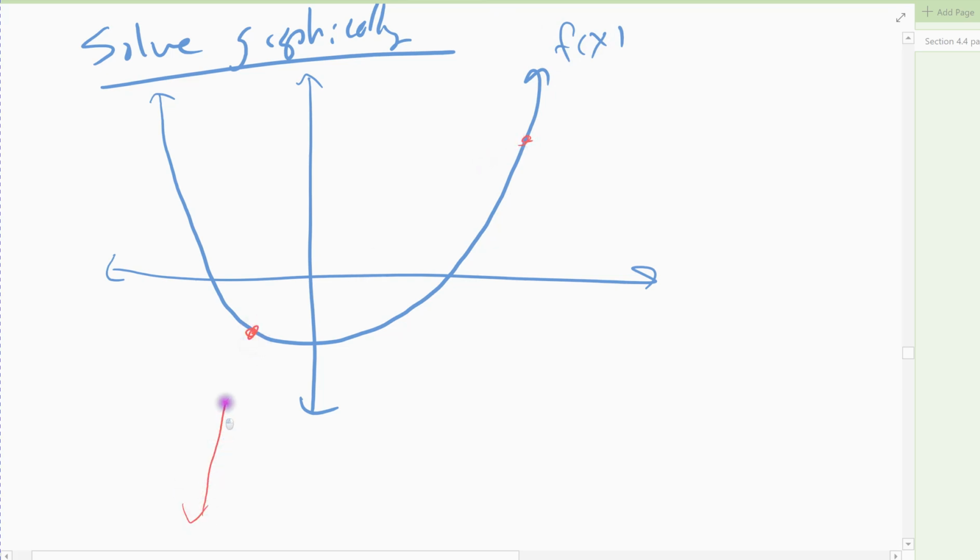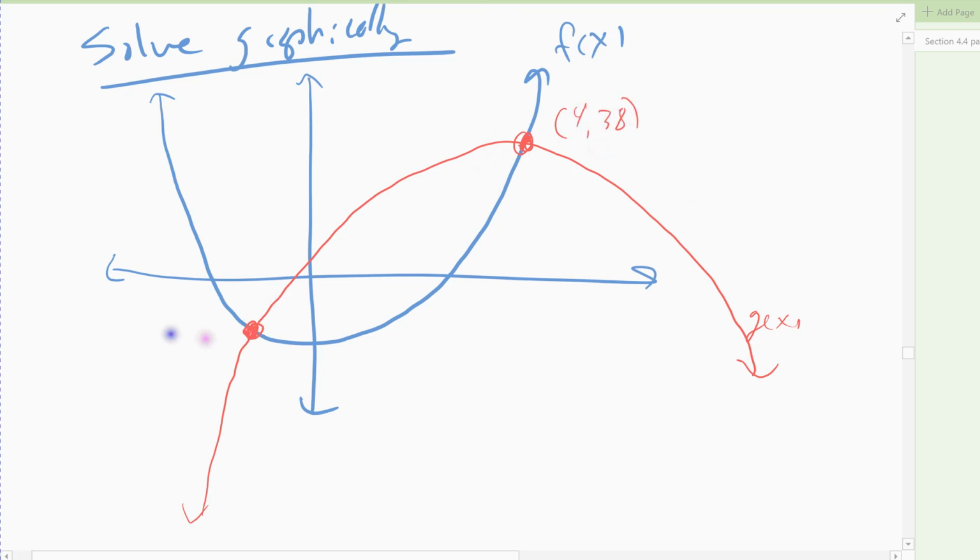My red curve is g of x. I found this point on my calculator, the point 4, 38. I found this point on my calculator, which was the point negative 3, negative 25. This is where they intersect.